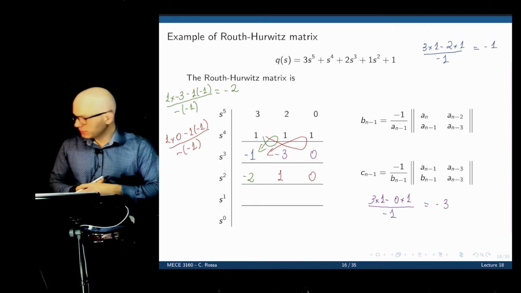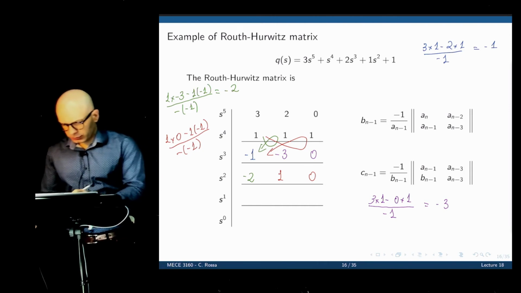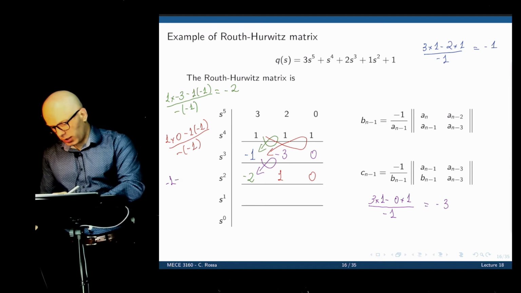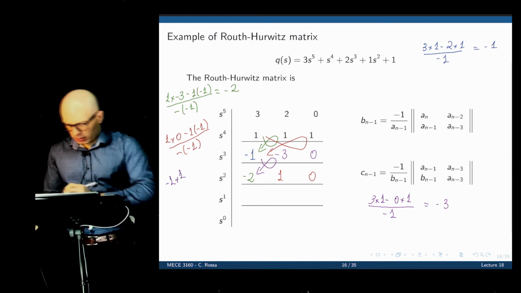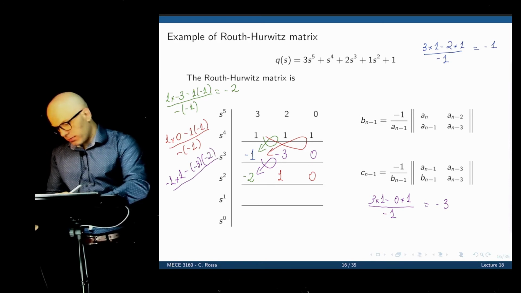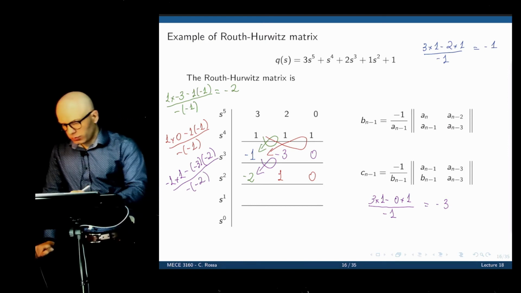You guys found it? -3.5. Now we do this determinant here. -1 times 1 minus -3 times -2. Don't get mixed up with the signs there. Minus 2, which is indeed -3.5.